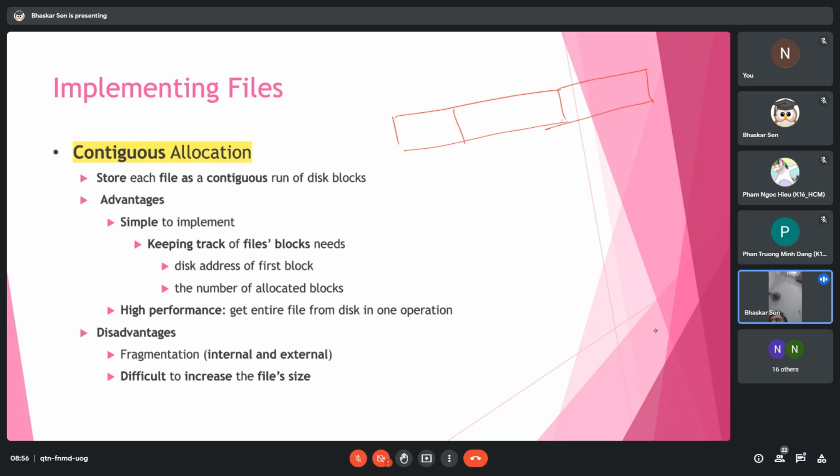Now, what contiguous allocation literally means is this is your file 1, this is your file 2, and this, for example, is file 3. So all next to each other. The problem is that if file 2 is 10K in size, then if you delete this file, you create a 10K hole.